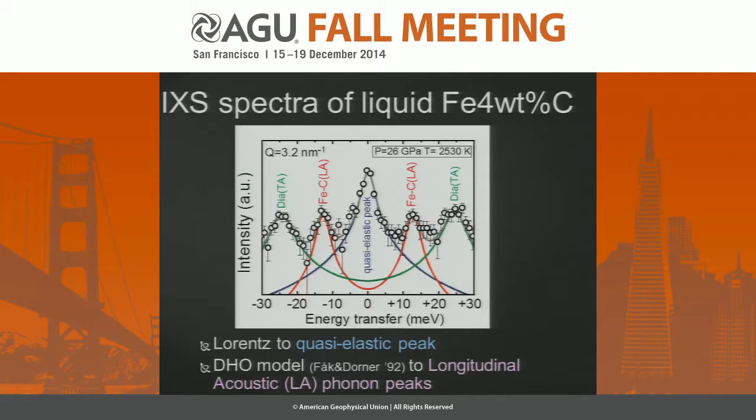This is a typical IXS spectrum. This spectrum consists of three components. One is the zero energy shift central peak from the quasi-elastic peak, and two acoustic phonon excitation modes from the sample, liquid iron carbide, and also diamonds.